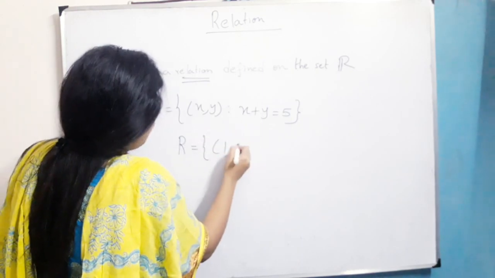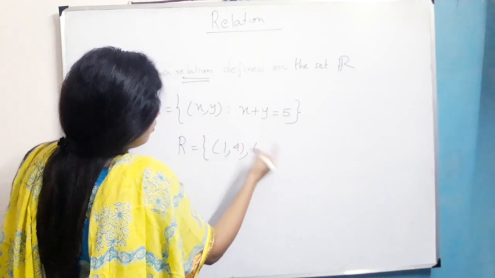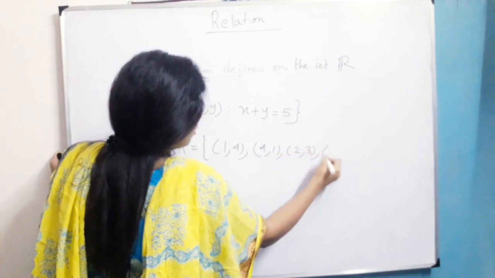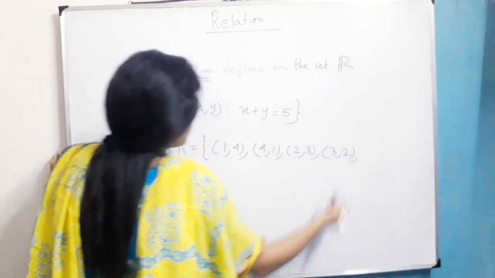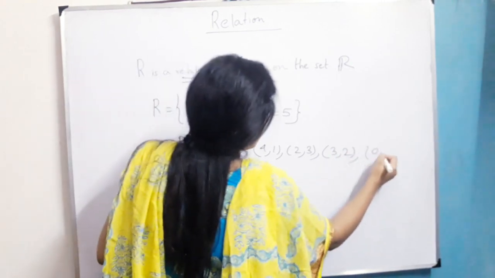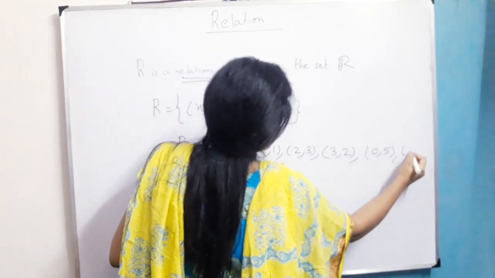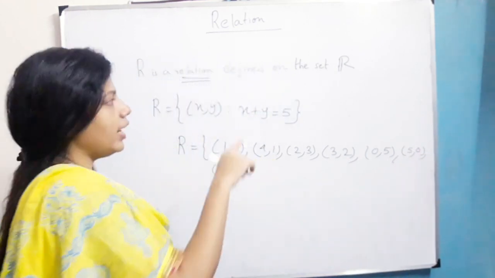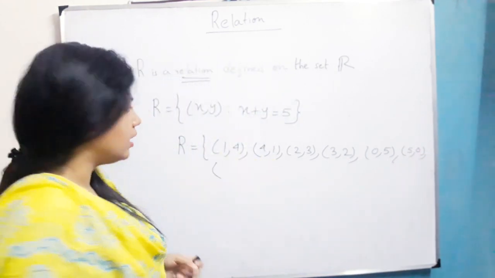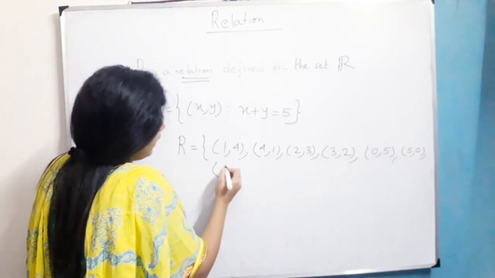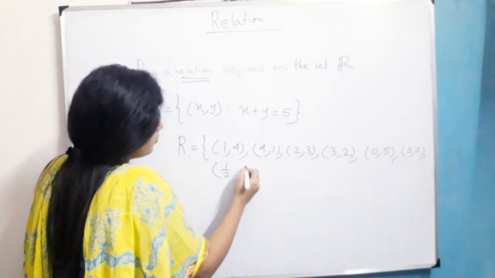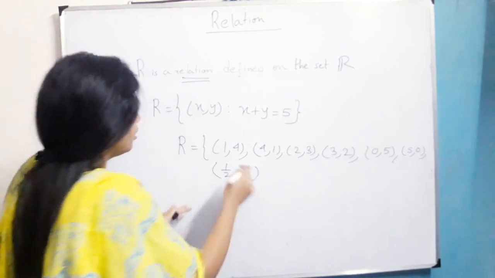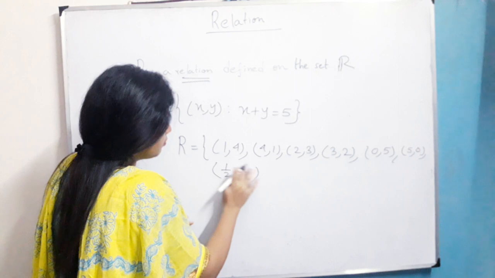So I can take (1, 4), (4, 1), (2, 3), (3, 2), (0, 5), (5, 0). Since it is real numbers, we can also take fractions. So if I take half plus 11 by 2, sorry, it will be 9 by 2.